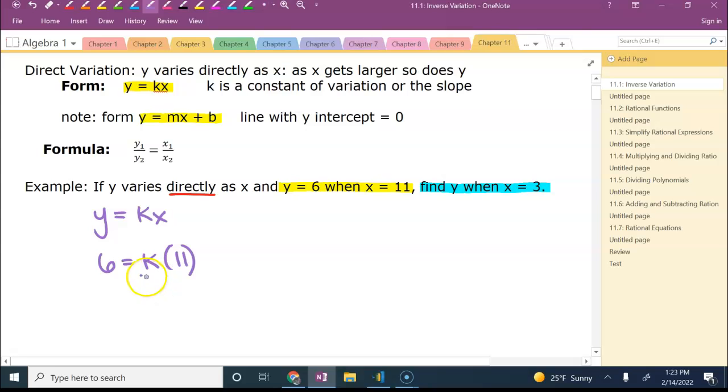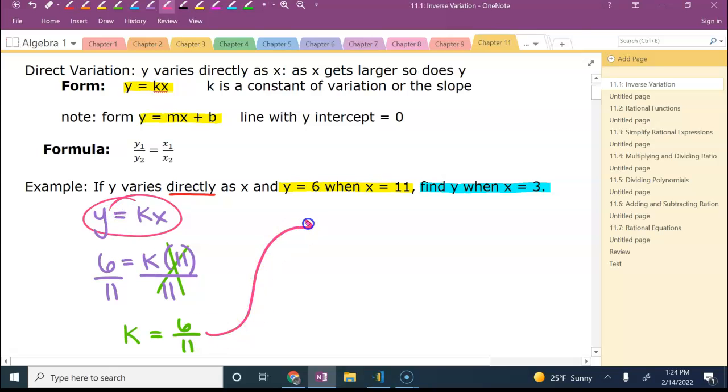I would divide both sides by 11. I'm going to have a fraction for my k, which is okay. So that's going to be 6 over 11, and I would leave it as a fraction. I wouldn't change that to a decimal. Now you can rewrite this equation using the k that you found. Instead of saying y equals kx, we can say y equals 6 over 11 x.